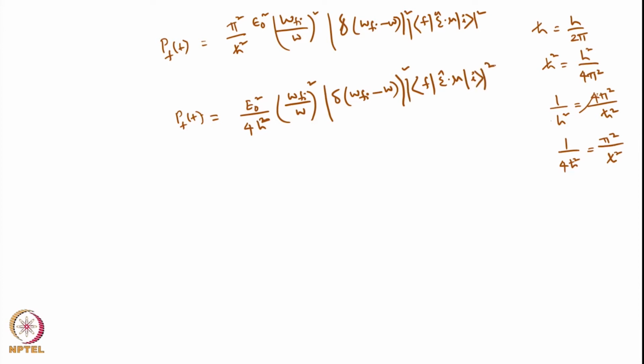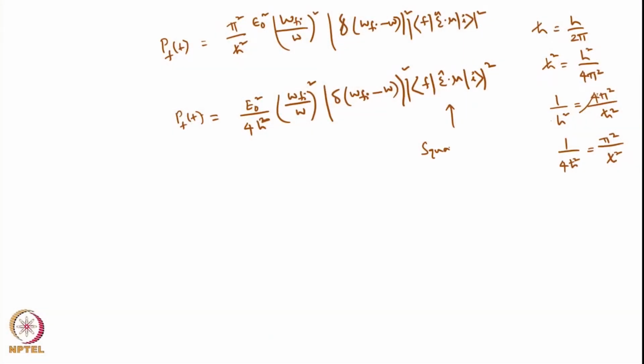Now, you can see you can write it in two different ways. Essentially, the functional form still remains the same. It will have the square of the transition moment integral, then this delta function and some constants.